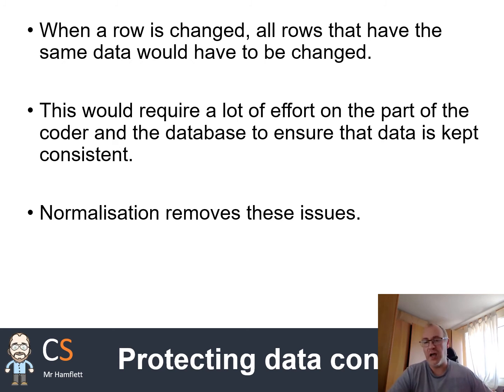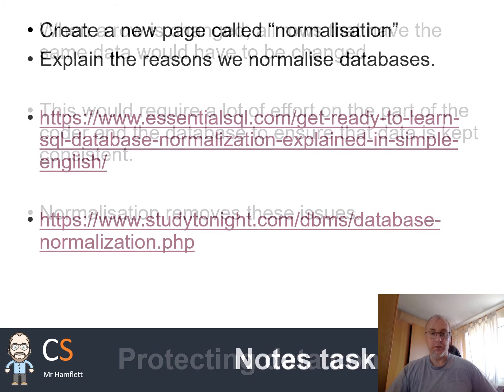And a lot of the bugs that we see are when a coder makes a mistake. Because code is so complex nowadays, it's so easy to make these mistakes. So we don't want to have our database structure done in such a way that those mistakes can happen. We want to remove those, and therefore we normalize the database.